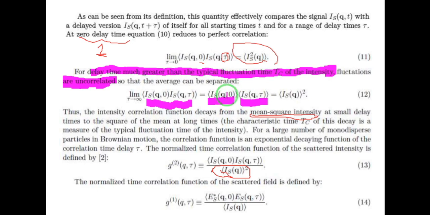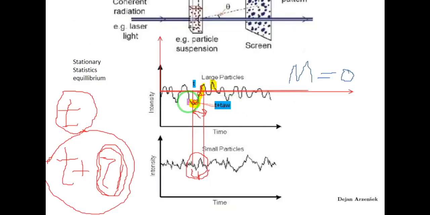The first assumption was that the value of the mean, the average of the light intensity, is not going to change with respect to the time because we have the stationary statistics, because the system is at equilibrium. The other assumption that we had was that we moved the reference on here, the 0 value for the average.